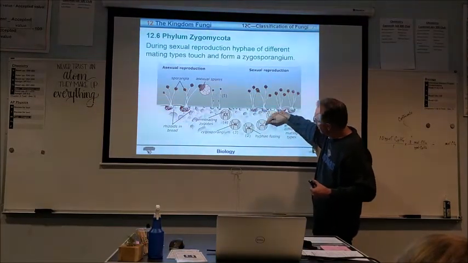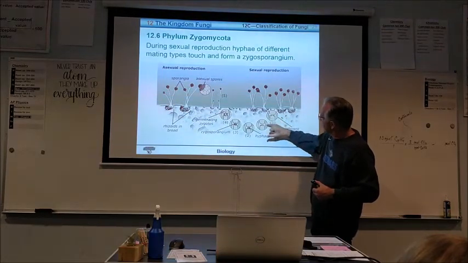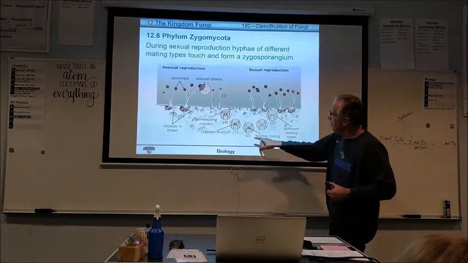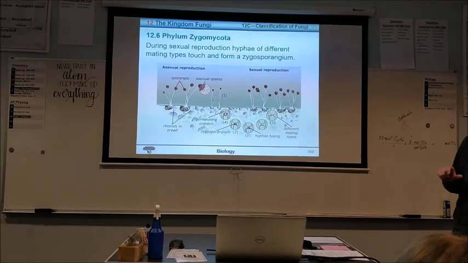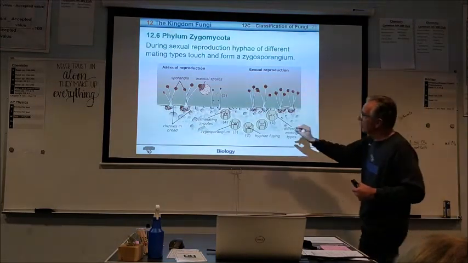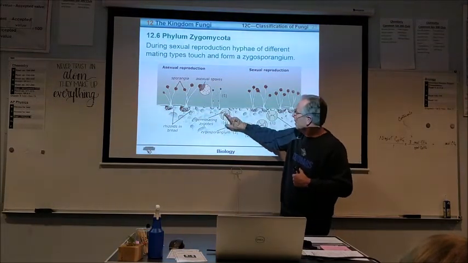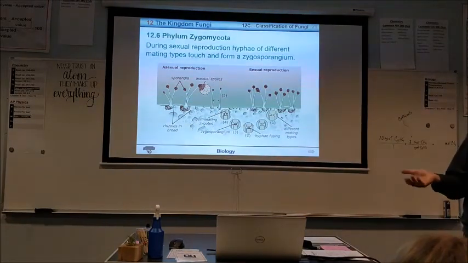So these extensions on the hypha are going to actually join each other and form a structure right here that we called a zygosporangium. And that zygosporangium can grow into a new fungus. What it does is similar to what seeds do.